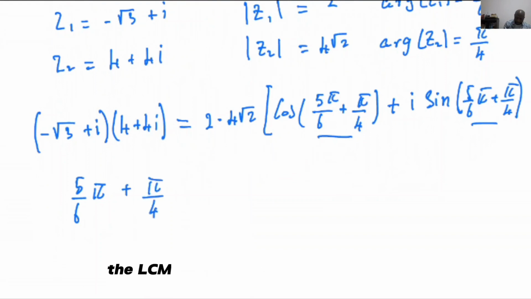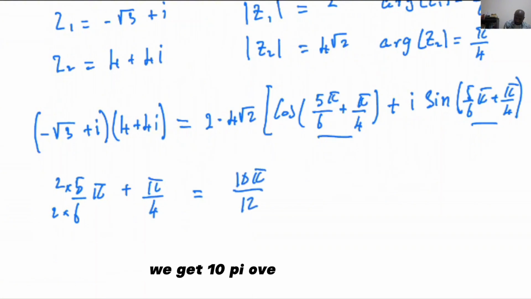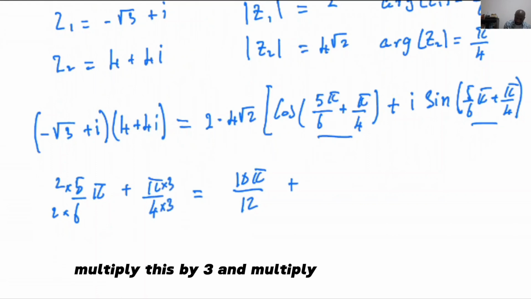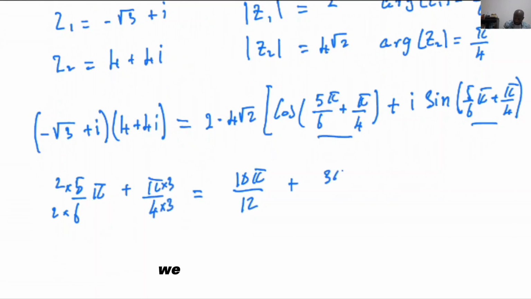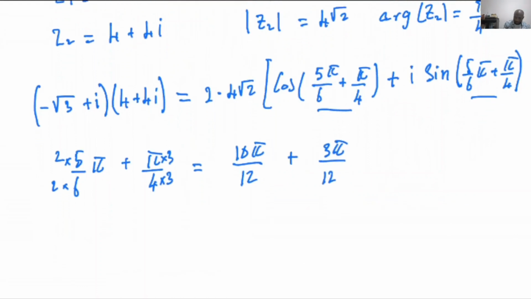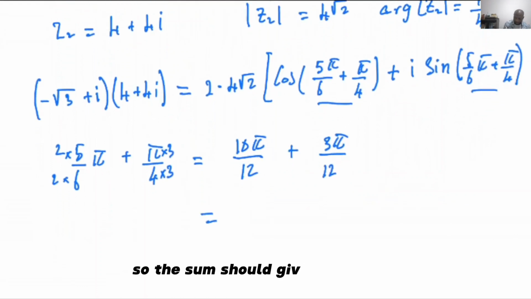The LCM of 6 and 4 should be 12, so multiply this by 2 and this by 2, we get 10 pi over 12 plus, multiply this by 3 and this by 3, we get 3 pi over 12. So the sum should give us 13 pi over 12.